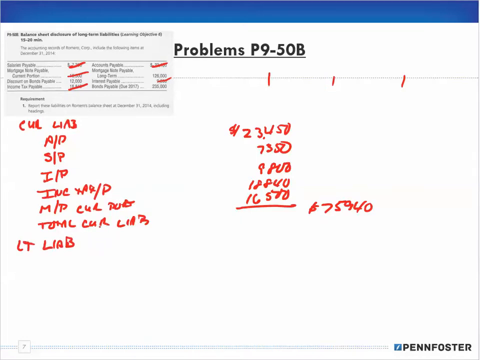and under the long-term liability, I have my mortgage note payable, long-term. Right. Now, I'm going to deviate from the way the solution is.